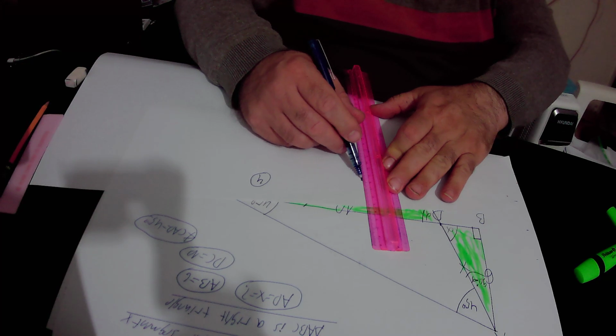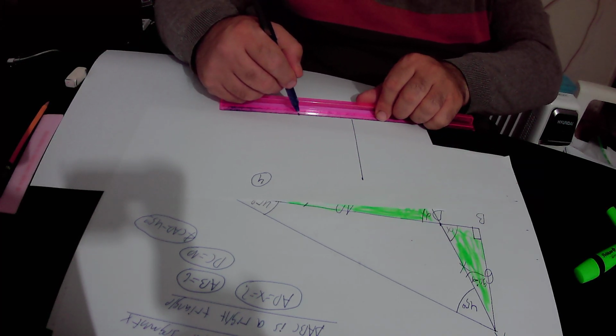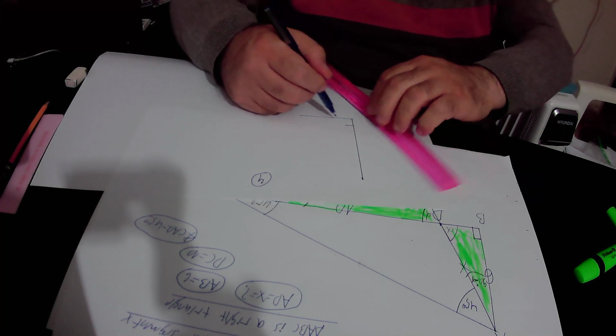So here we have triangle ABD. This is a right triangle. This angle equals 90 degrees.